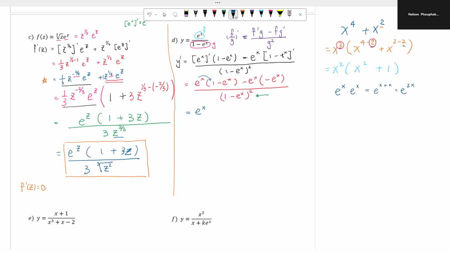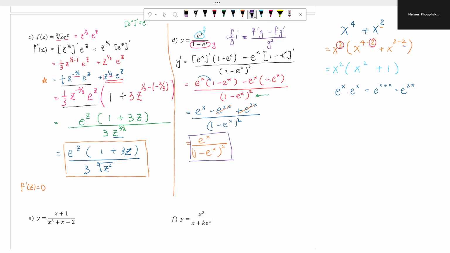So this is minus e to the 2x, negative, negative, positive, e to the 2x. Now these two cancel out, so this is my answer here.